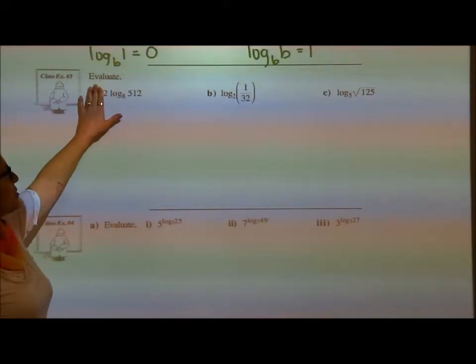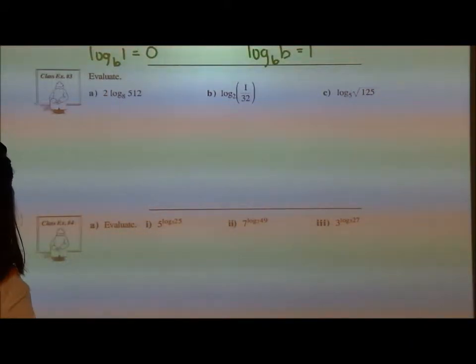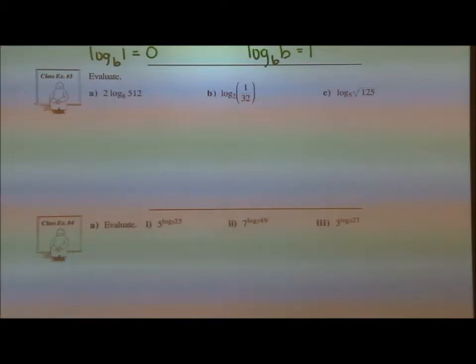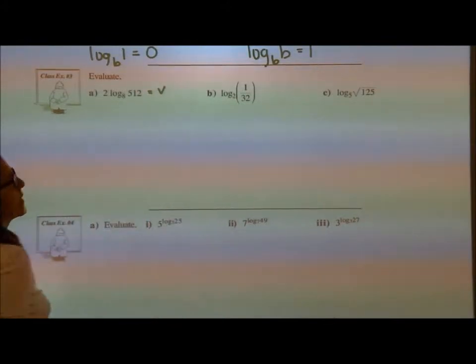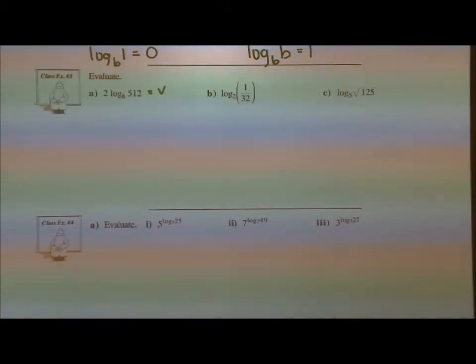We're going to look at this as being 2 times log base 8 of 512 equals v. So then what would I do? Divide both sides by 2.